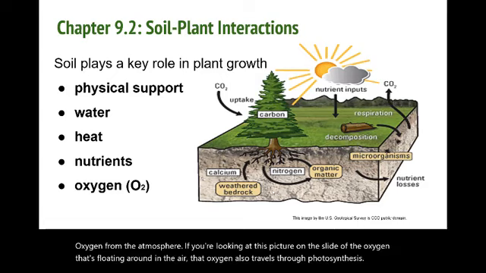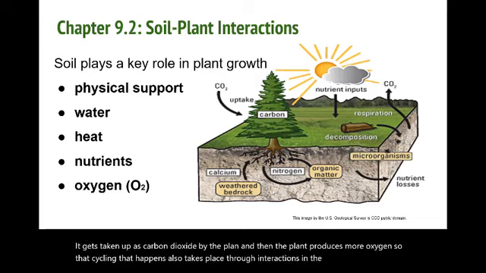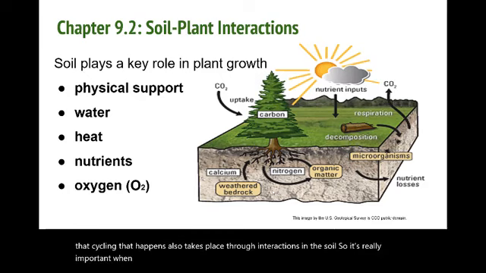It gets taken up as carbon dioxide by the plant, and then the plant produces more oxygen. So that cycling that happens also takes place through interactions in the soil. So it's really important when we think about the health of a plant that we also evaluate what the soil was like for that plant to grow.